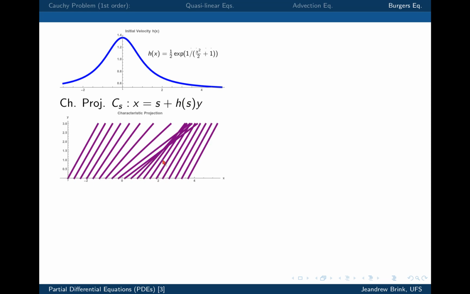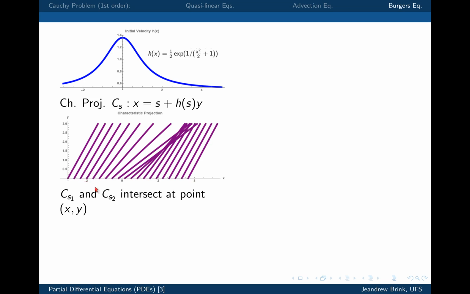So you can actually now see that the characteristics are very closely related to, or basically influenced by, the initial condition. And it is along these lines that the function surface actually remains constant. So you have the strange situation where two of these characteristic lines can actually intersect.